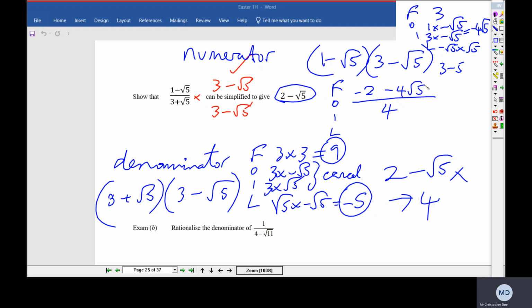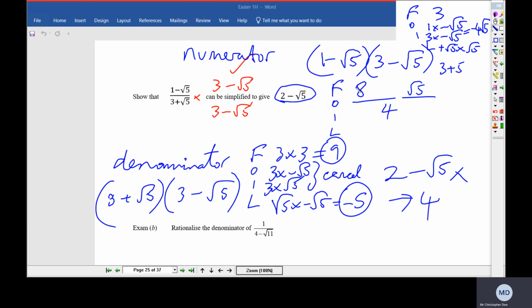Right, I think I've made a mistake here. What did I do wrong? Oh no, hang on, that's plus. No, I didn't. 3 plus 5 is 8. Sorry, I didn't make a mistake. I just made a little mistake there, not in my answer. Start that again.